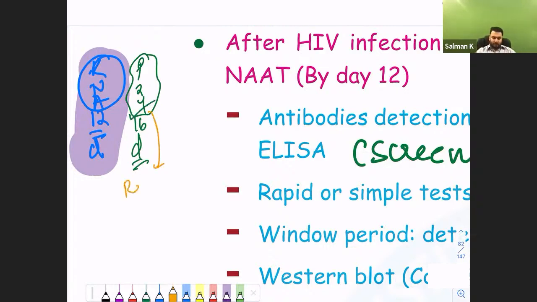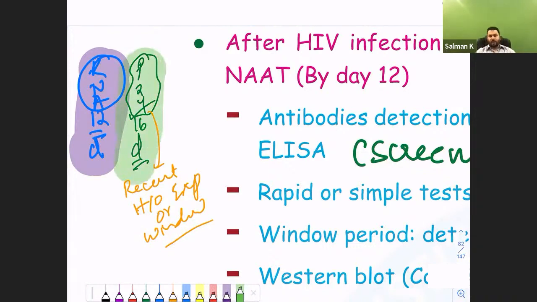If the question asks you about recent history of exposure or window period, what is the test to be done? Mark my words, you should answer P24 antigen. The best test is PCR, I agree, but we do which one? P24. So please know this.